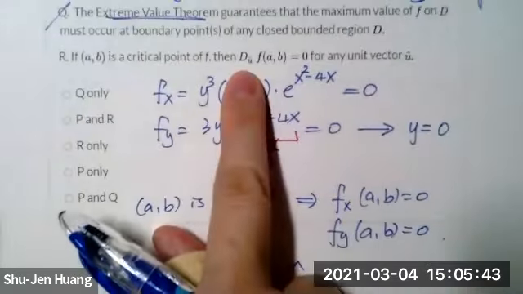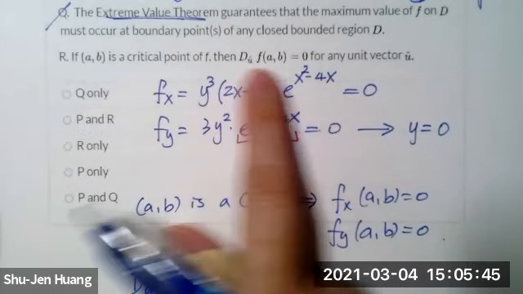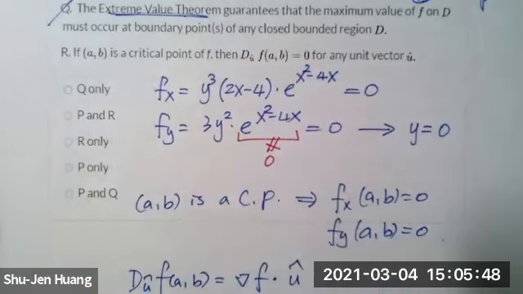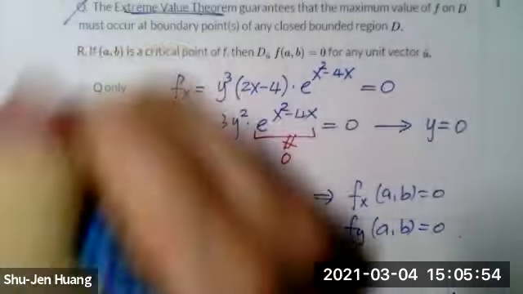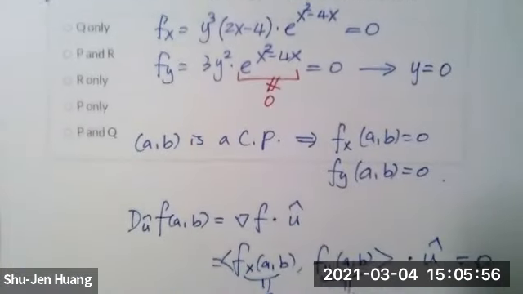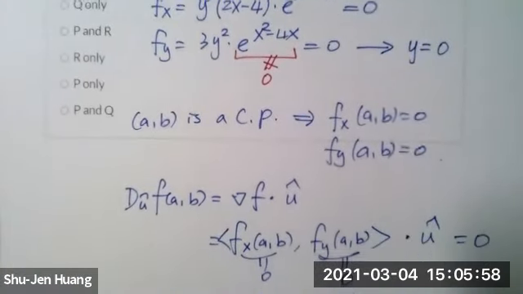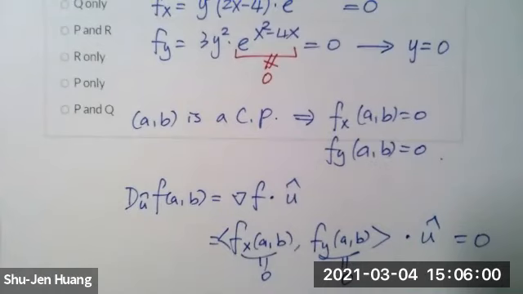Therefore, the directional derivative equals 0 for any unit vector in this case, because the gradient vector equals 0. So R is correct. Is that good? So this is question 12. And next, we're going to move on to question 13.